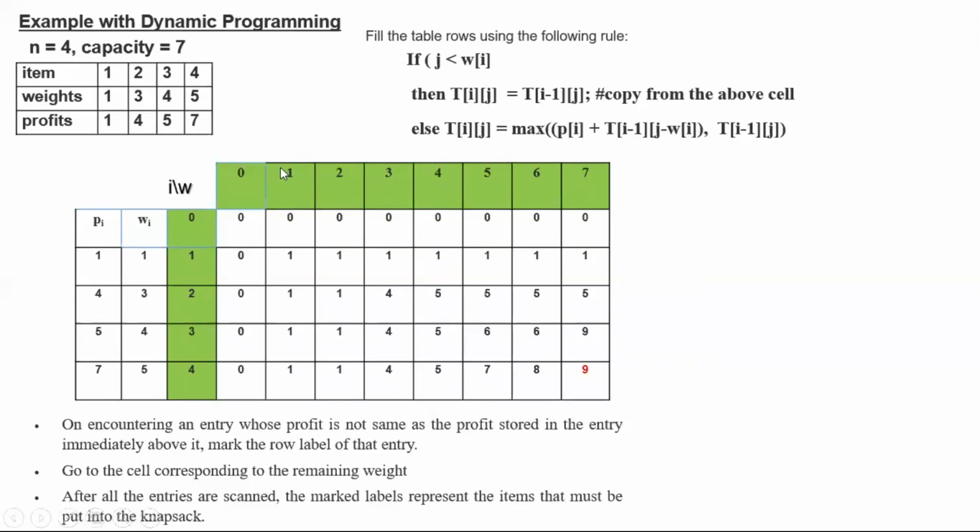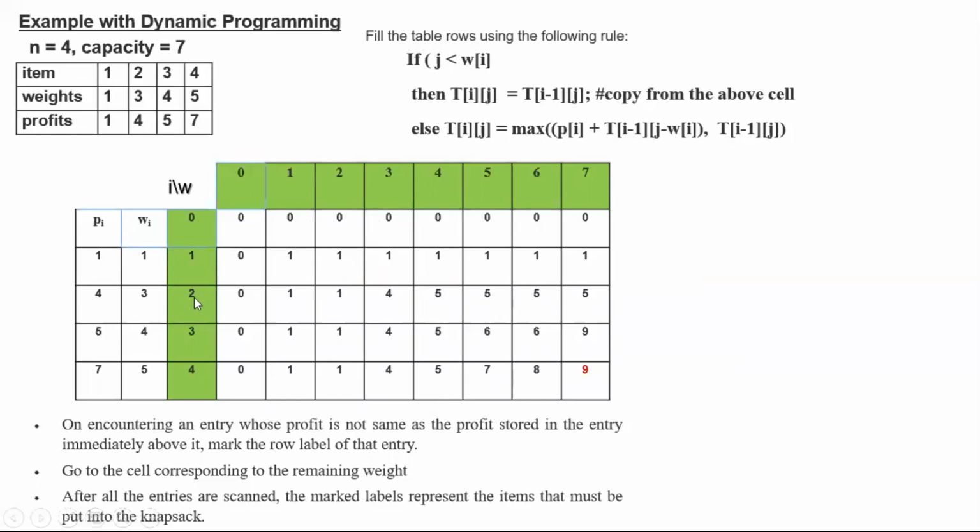If the capacity of the knapsack is 1, we can put it, and the profit in this case is 1. Here we write the profit. And in all other cases, in the same manner, we have a profit of 1. Do you see all the entries in the table represent profits?